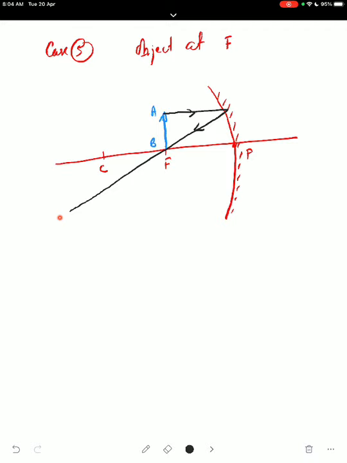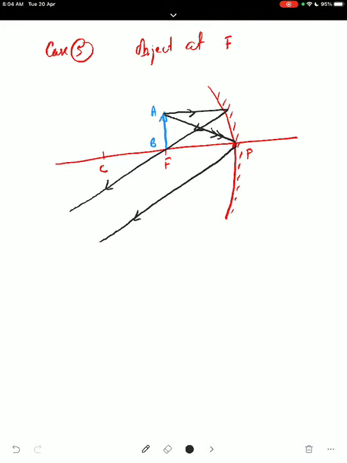The second one, for convenience, I am taking the ray that is reaching the pole. If you remember, this is the fourth case of the rays. A ray of light reaching at the pole, obeying the laws of reflection, I is equal to R, reflects in this way.